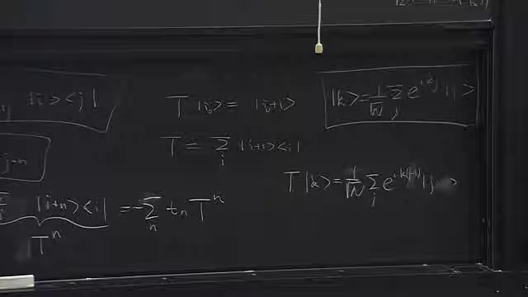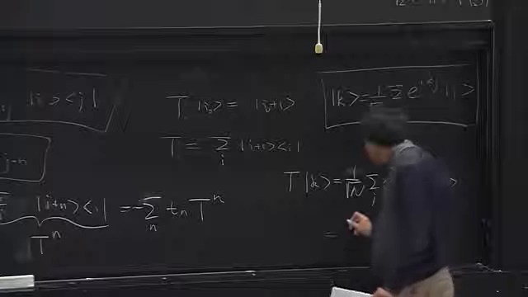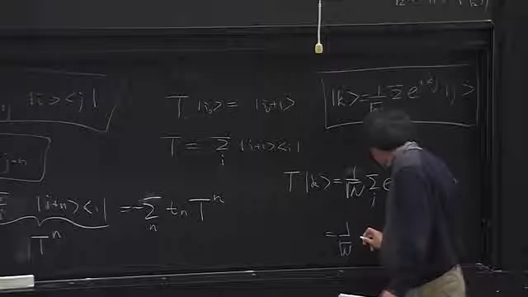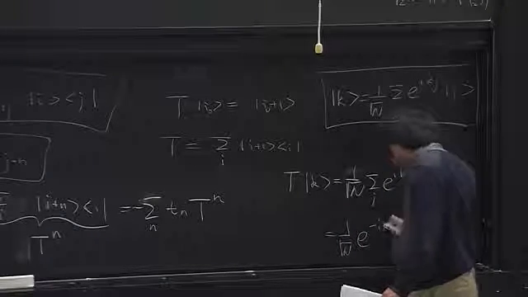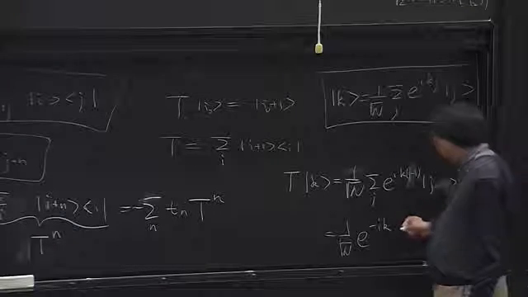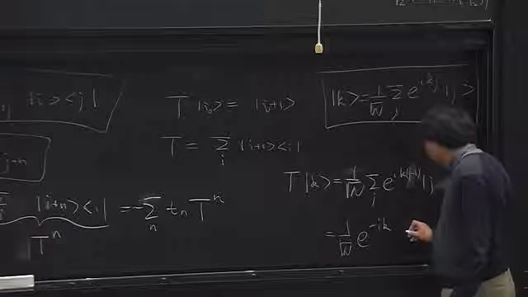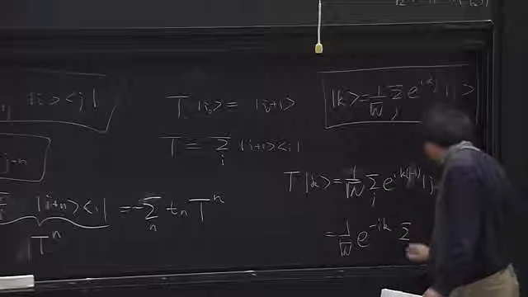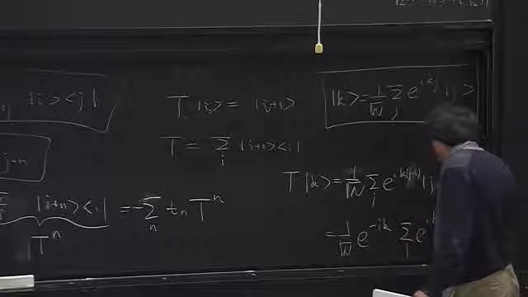At the end we get 1 over square root of N, e to the minus i k, times the same summation of e to the i k j |j>.